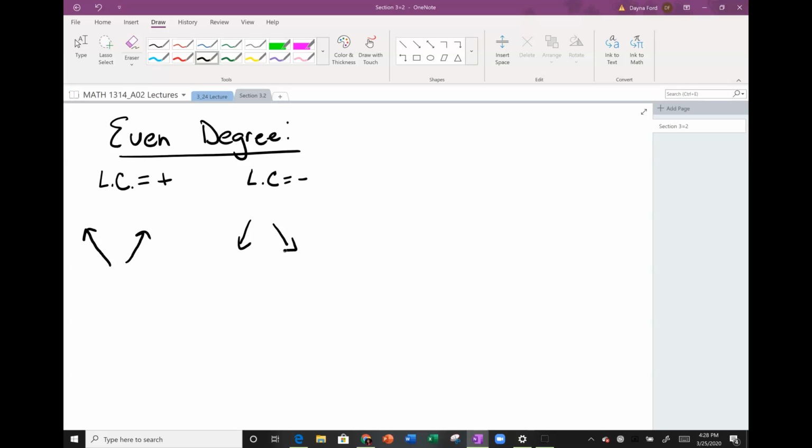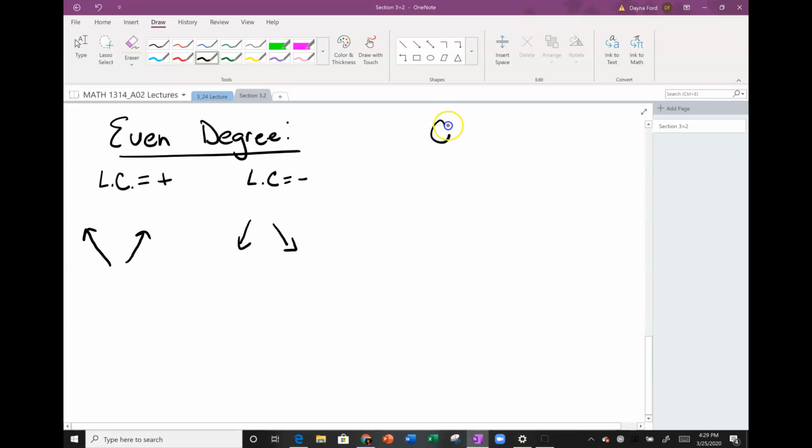Now you'll notice that I kind of left a space here in the middle, and the reason why I did that was because if I have a larger degree than 2, I may have something that does some funky looking things in the middle, which we'll get to. But for now, I just want to look at the end behaviors.